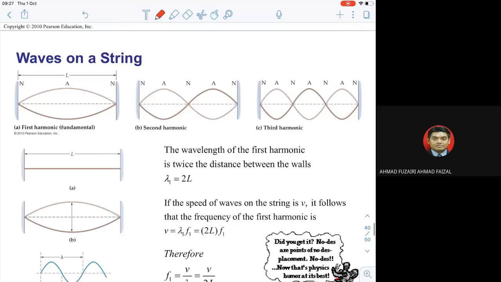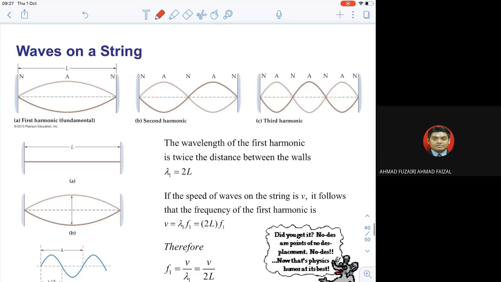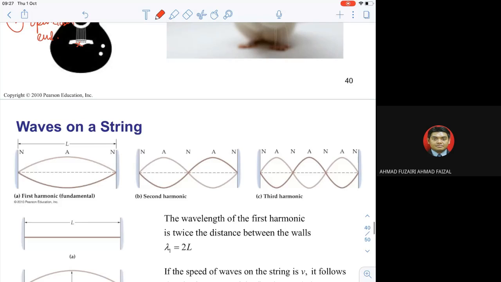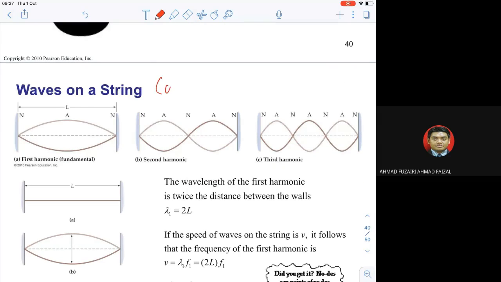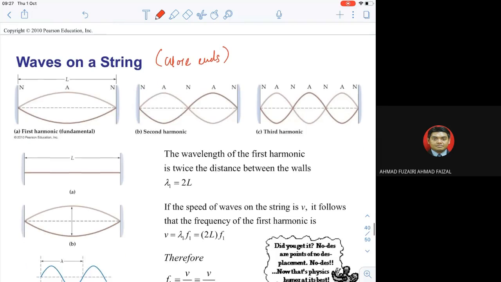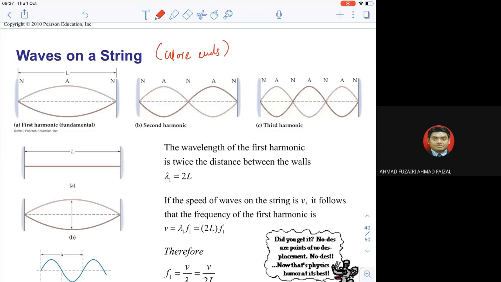So first you look at the situation here. This is what we call both ends closed. This is the wave on a string. So you will have a situation like this. Normally we have a tied end like this, say a fixed end, and you will have a string.